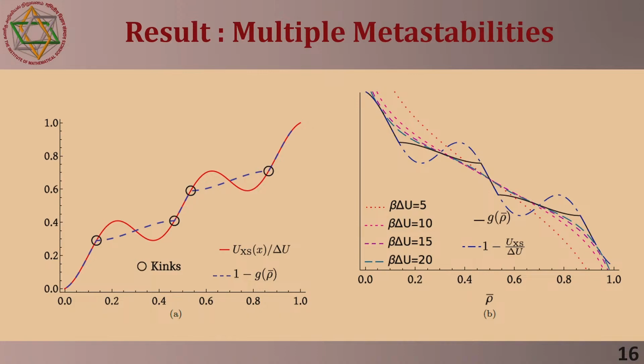We have the same potential plotted, but 1 minus that potential is plotted in the function g, and we see that as we increase beta delta u, the free energy function f converges more and more onto the function g, as it should, because function g is nothing but the free energy function in the infinite beta delta u limit.